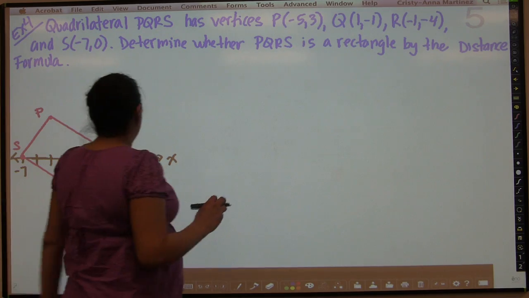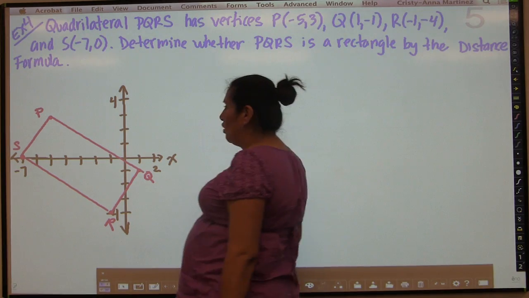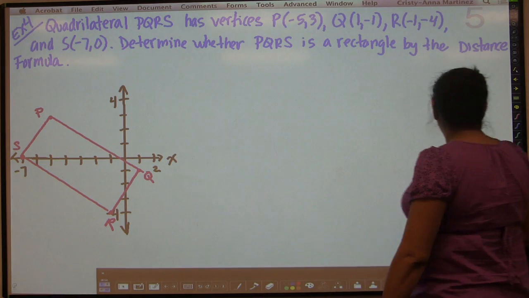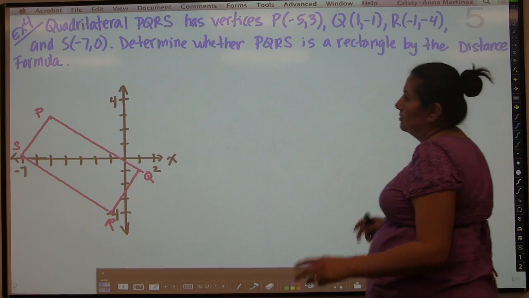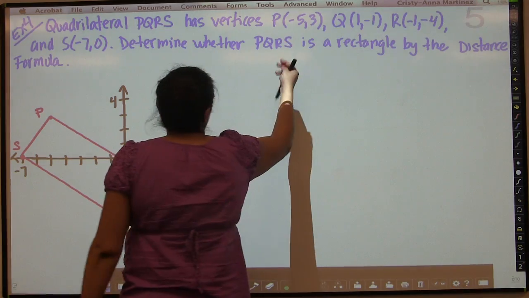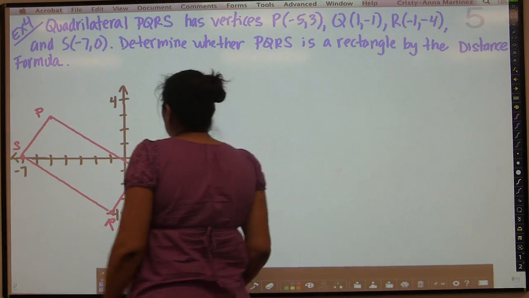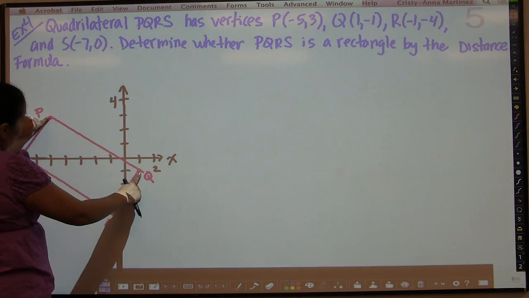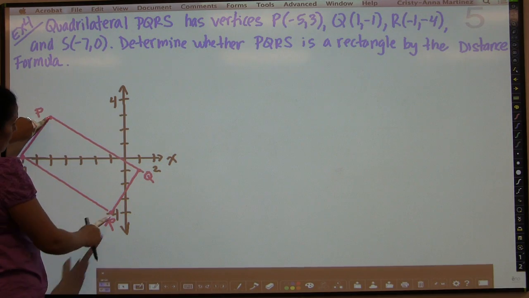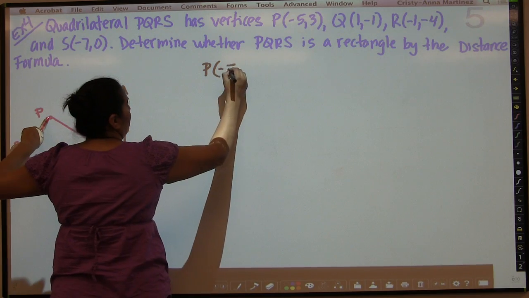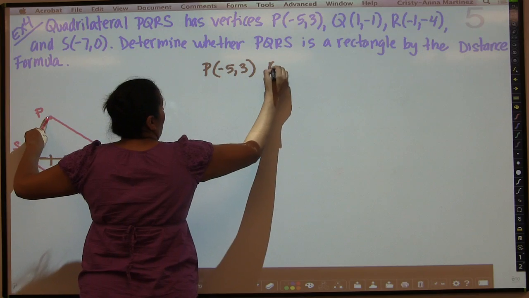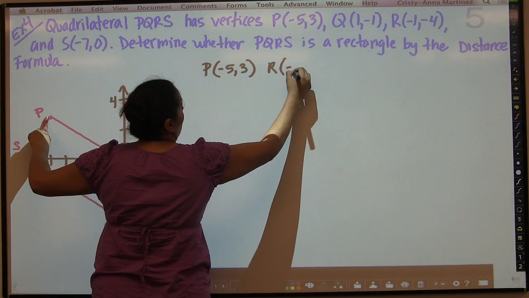So we're going to take the diagonals. It's important for you to draw the diagram because you need to know which points are the actual diagonals. So for example, if you're only looking at the vertices, you might go, oh, PQ is a diagonal. But if you look at the diagram, PQ is a side, it's not a diagonal. So our two diagonals are PR, and P is negative 5, 3, and R is negative 1, negative 4.